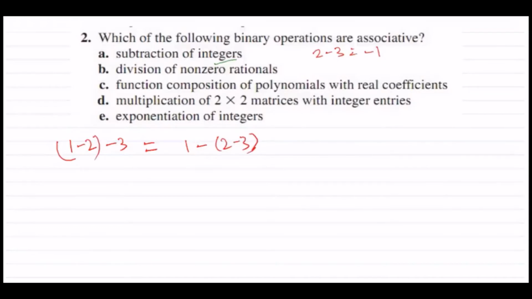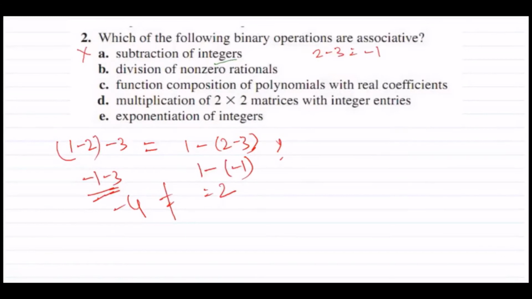Let us see whether it holds or not. 1 minus 2 is -1, then minus 3 gives -4 on the left side. On the right side, 1 minus, and if we simplify the bracket, we get -1. So we get 1 plus 1, which equals 2, and here -4. So of course they are not equal. So this is not correct.